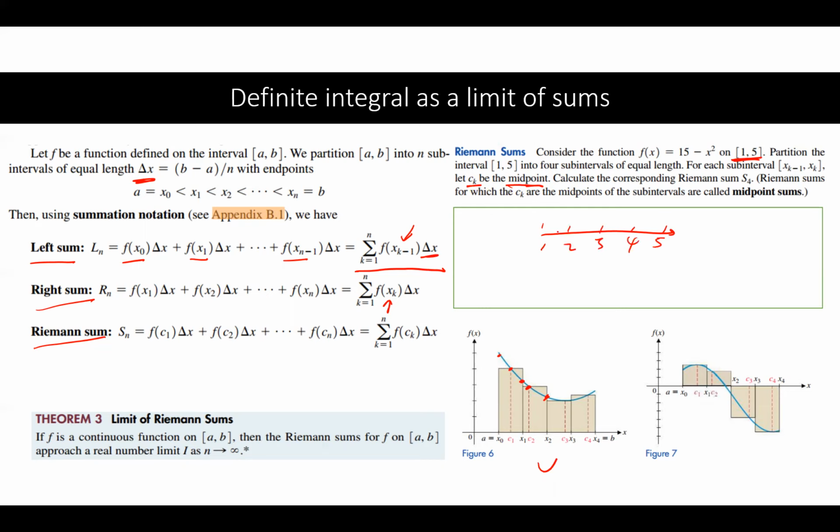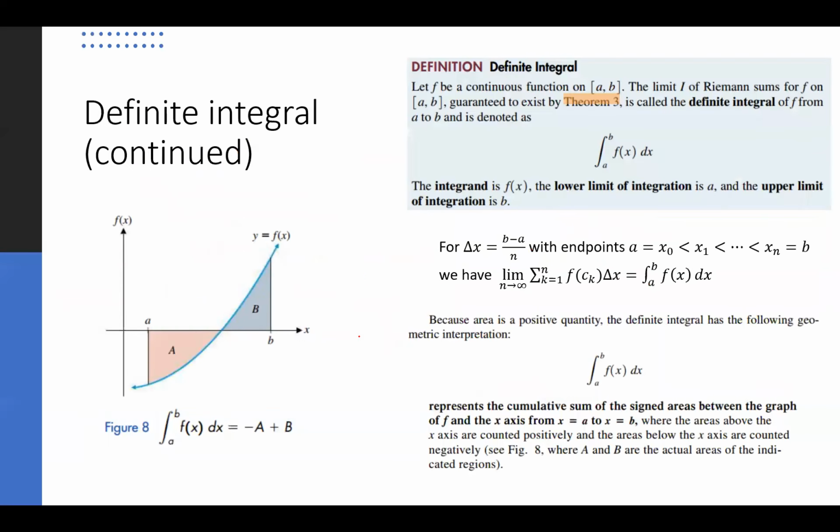Midpoint means that we're going to take 1.5, 2.5, 3.5, 4.5. These are our points, and we use them to calculate, for example, the height of the first midpoint, the height of the second midpoint, etc. Then we can just plug into the formula to calculate the area under the curve. All right, so this is what the Riemann sum does.